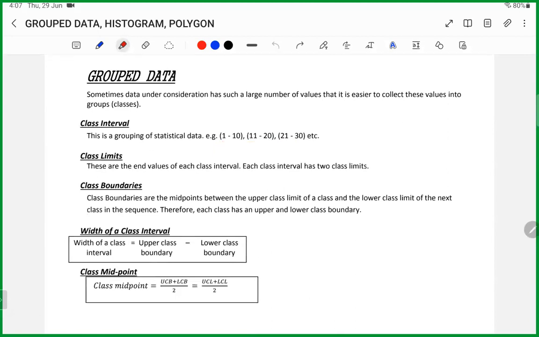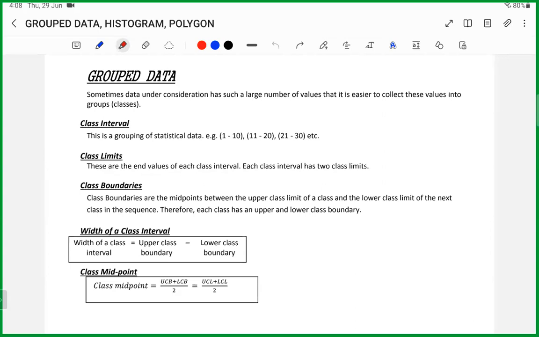Why you would have to group data in the first place is if, let's say, you have values from 1 to 100, it doesn't make any sense having a bar graph with 100 different bars. That would be too complicated. So you could group from 1 to 10, 11 to 20, etc. Instead of 100 bars, you could have 10 bars. That's a little bit more manageable, right? So whenever you have a large number of values, it's easier to collect them into classes.